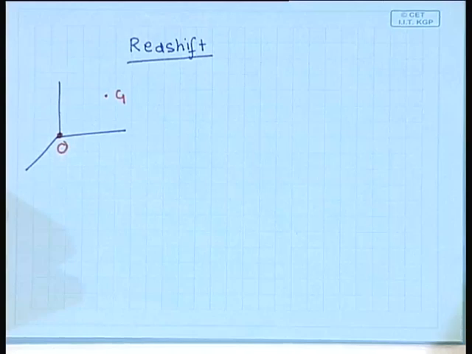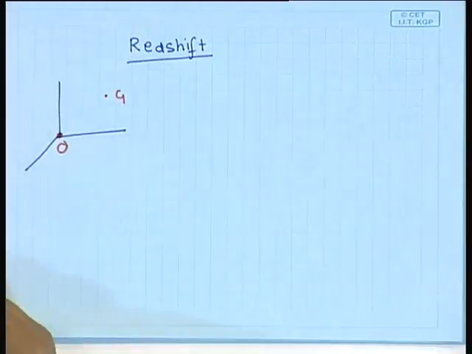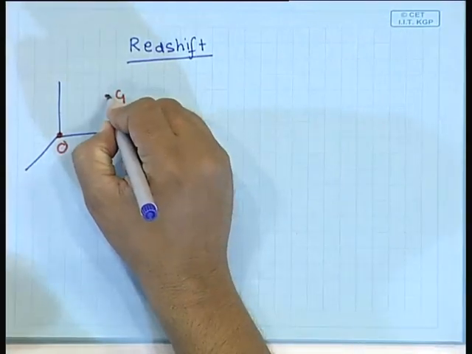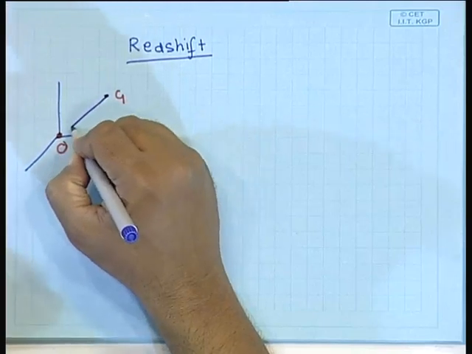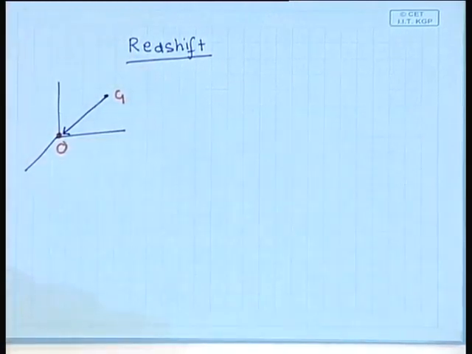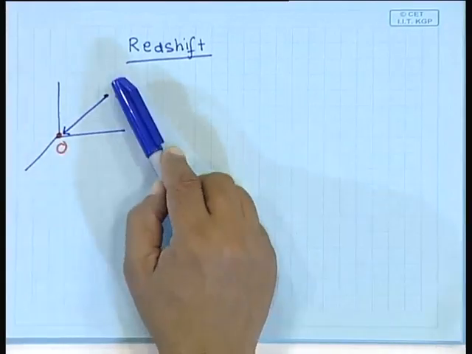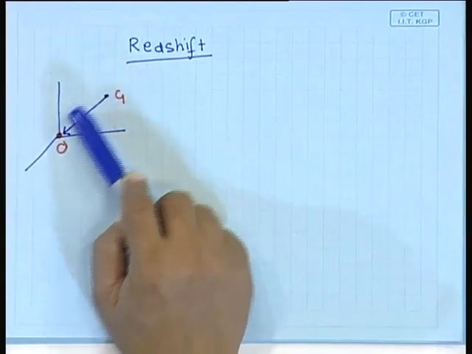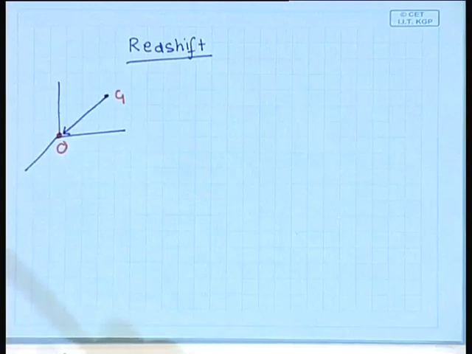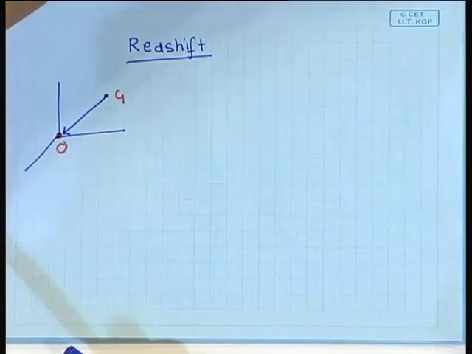Now, the galaxy G emits light and the light is received by the observer. That is the situation, and we would like to know if there is a frequency shift or a wavelength shift in the light as it propagates from the galaxy to the observer. We would like to calculate that. Okay. How do we calculate this?